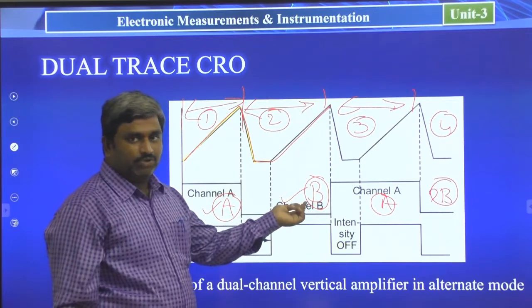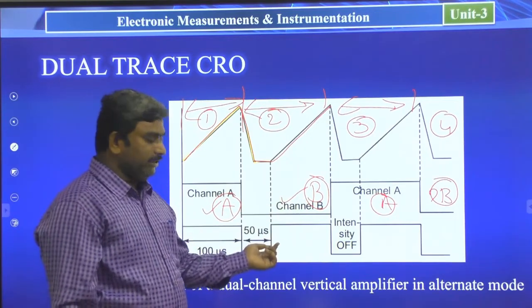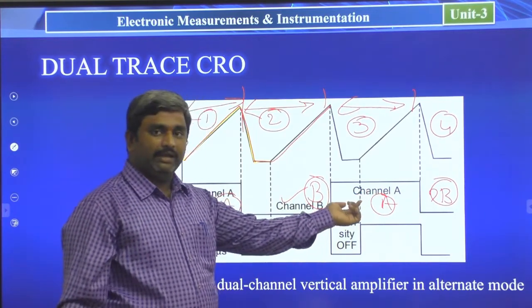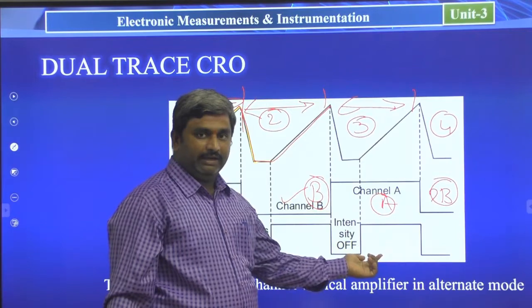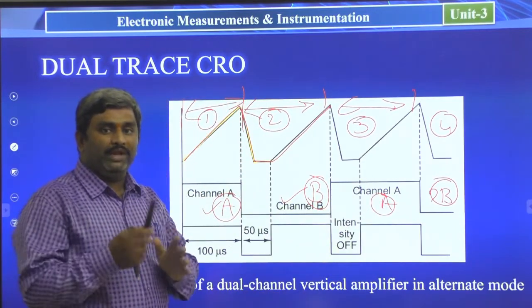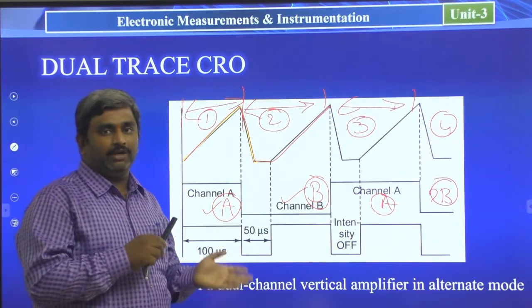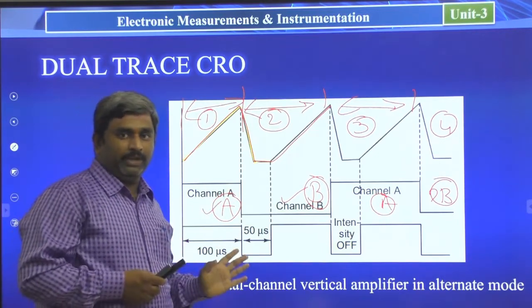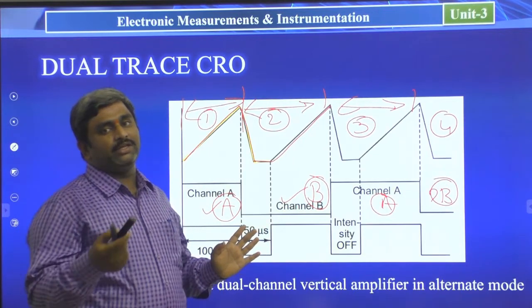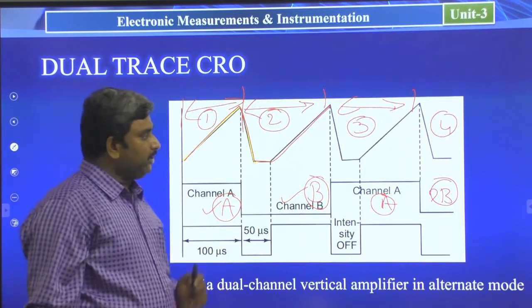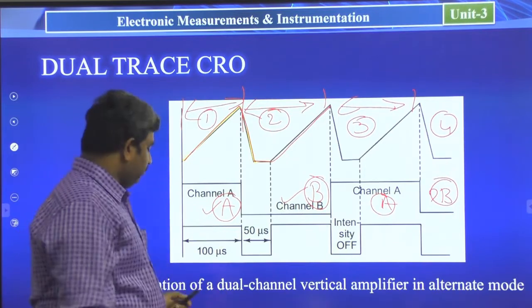When channel B is presented at the output, then channel A intensity is turned off. Like that, it will display only one signal at a time, but it will produce the signals alternately. For one sweep period, one channel's information, and in another sweep period, the other channel's information. So this is the alternate mode.